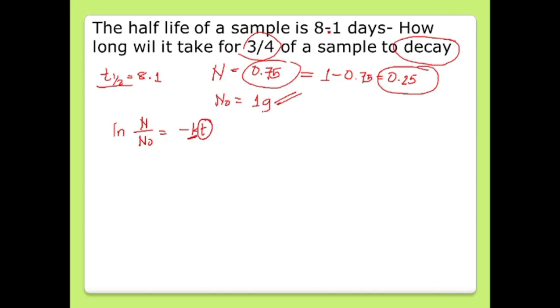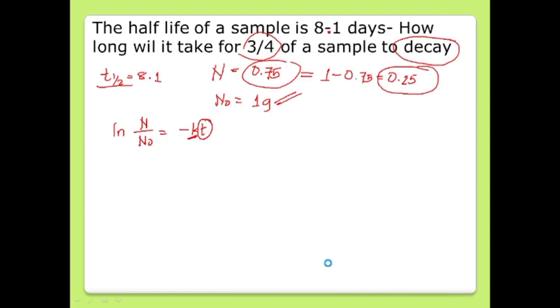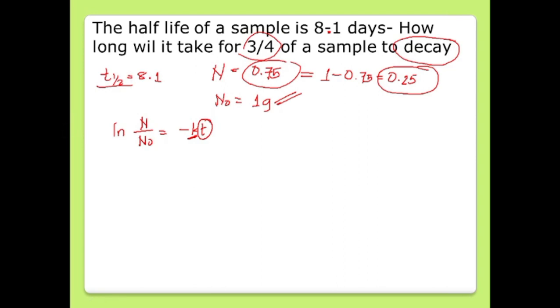But then we have an equation naman kanina relating half-life and k. So we have here t1/2 is equal to ln 2 over k or 0.693 over k. So pwede nating makalculate yung value ng decay constant natin using our half-life equation.